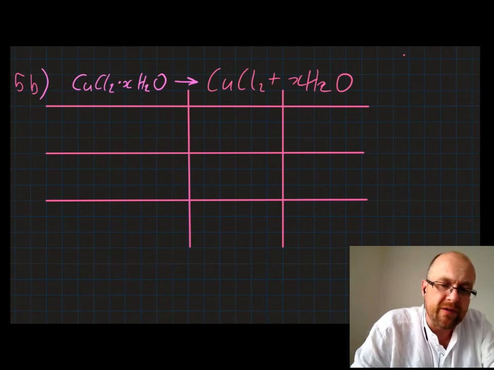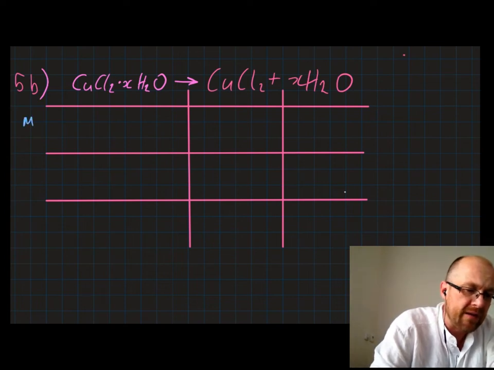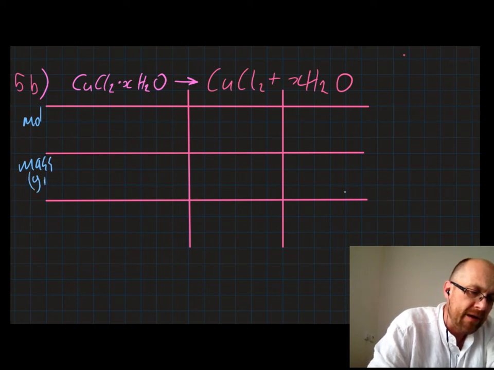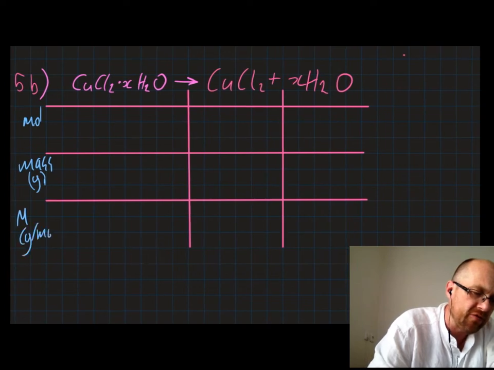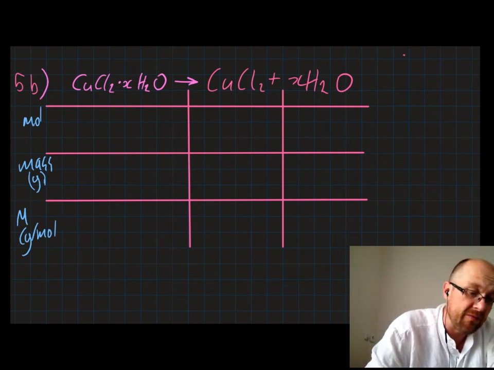So you can solve this just using the regular moles, mass, molar mass, and the boxes method. So I'm going to have my moles here, my mass here, and my molar mass. Now, if you can do it without all this palaver, they'll give you full points if you've got the correct answer. And if you're not sure, just guess a number. In this case, the number's 2. Let's see if we can get that.